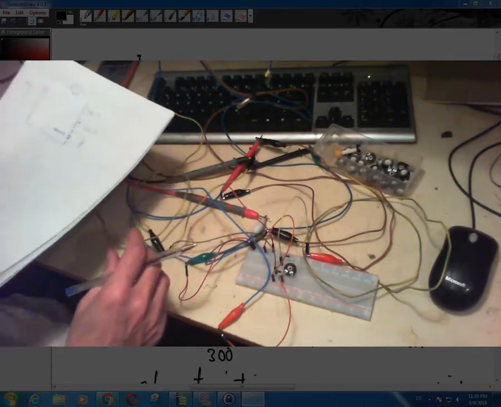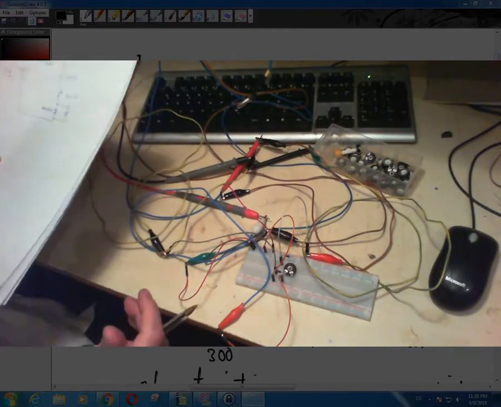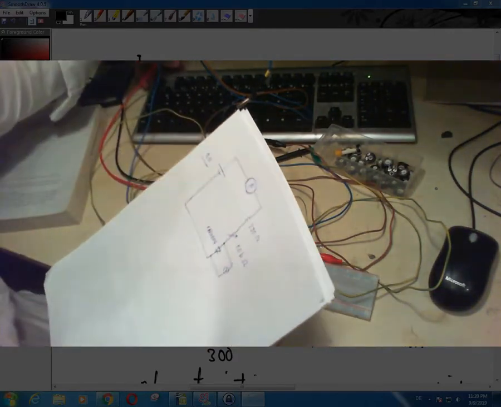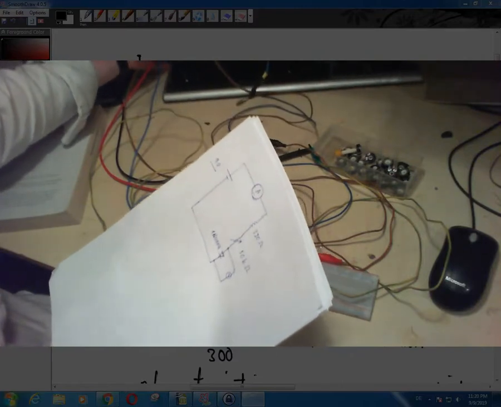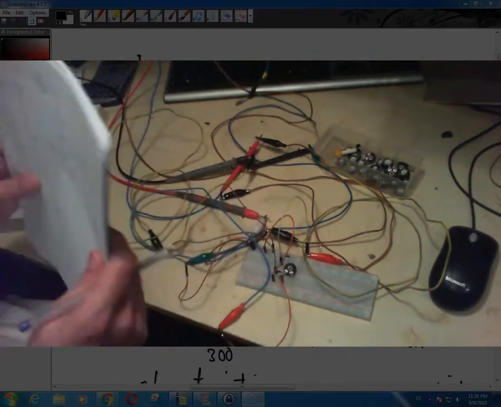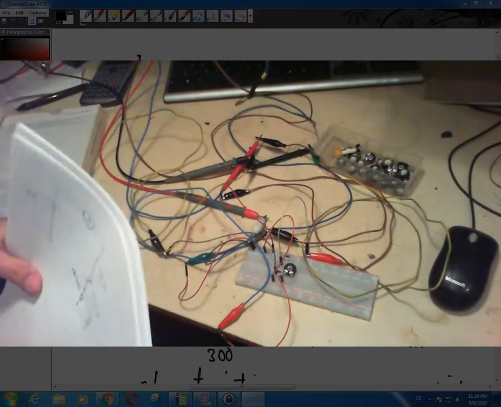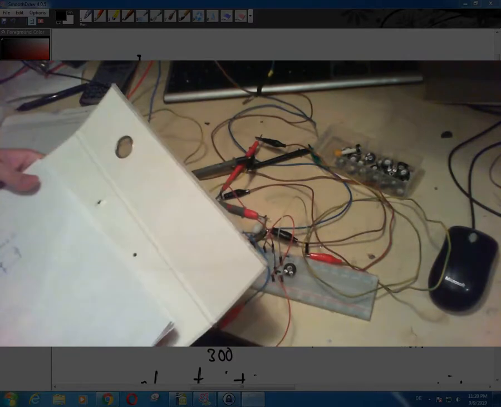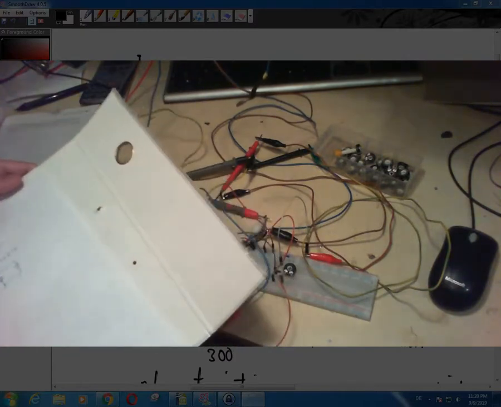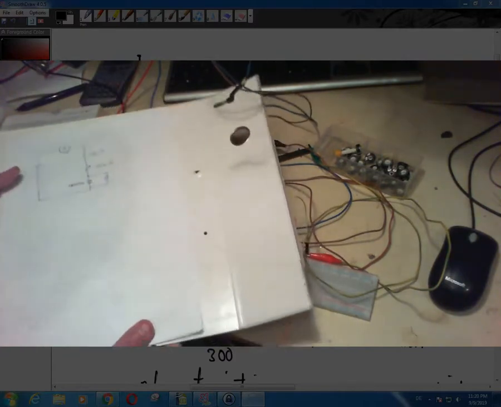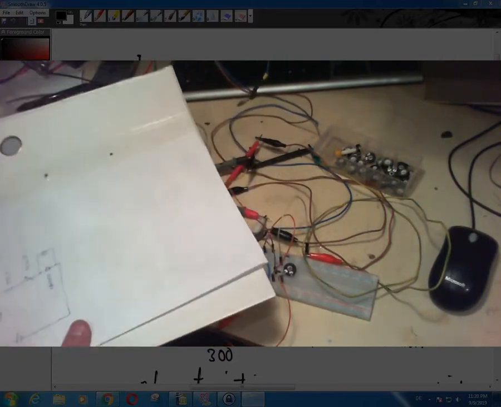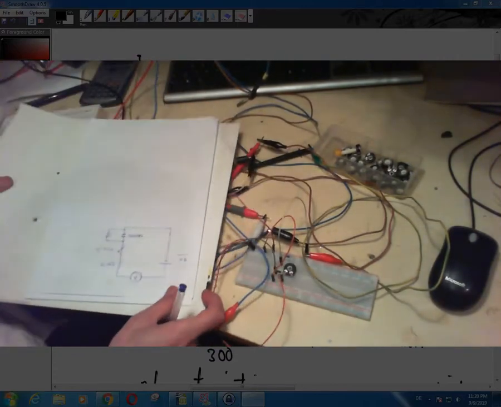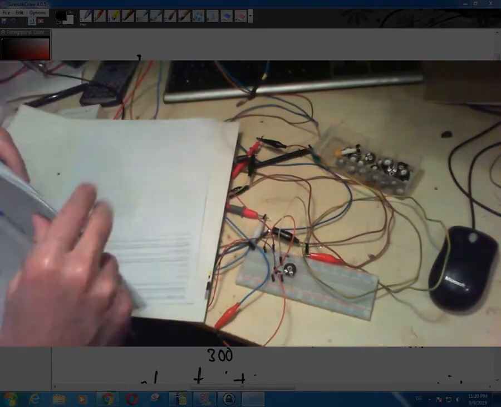Now, what you want to do is you want some values for the current and voltage.